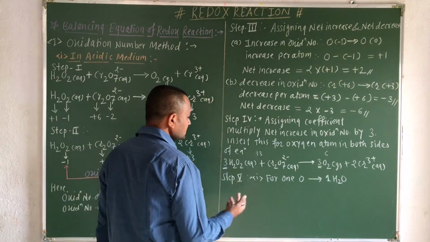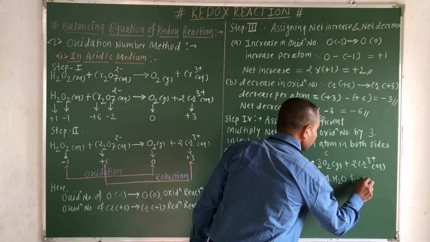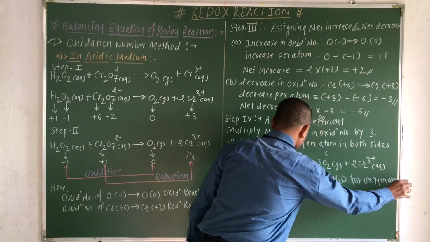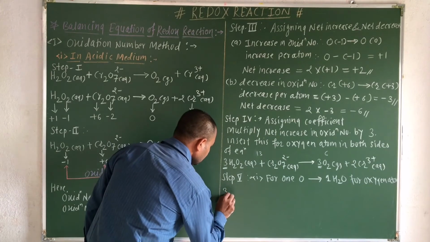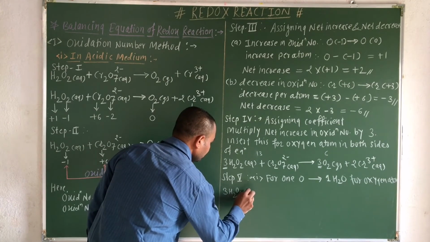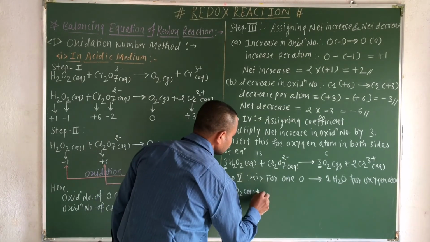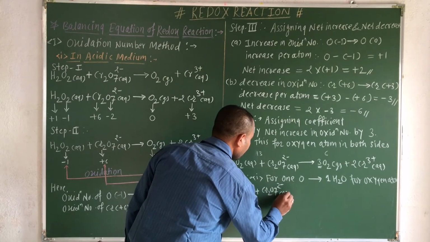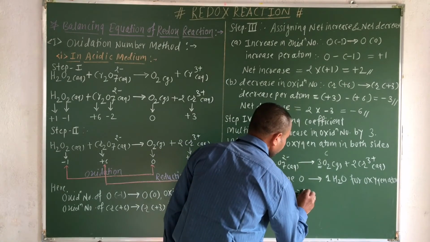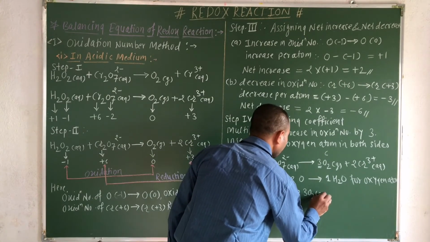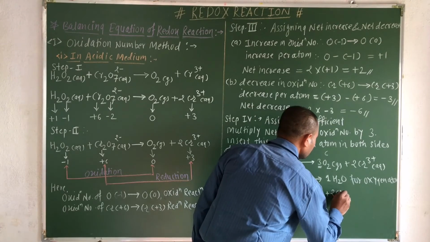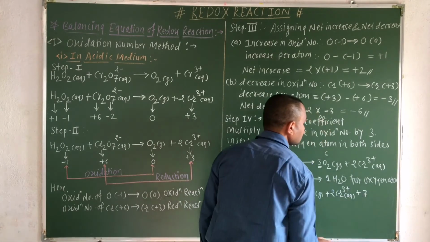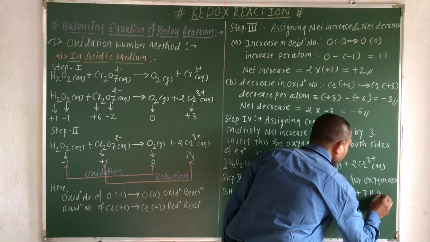So just write down this equation again for balancing the oxygen atom: 3H2O2 aqueous plus Cr2O7 2 minus aqueous gives 3O2 gaseous plus 2Cr plus 3 aqueous plus 7H2O liquid.